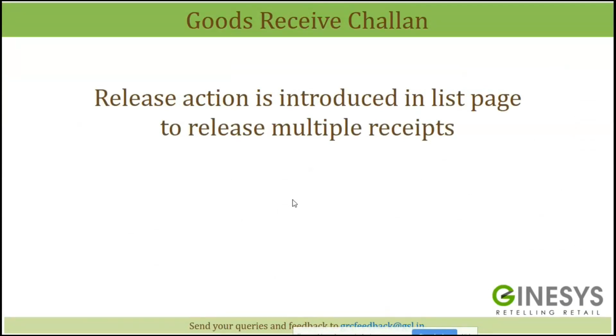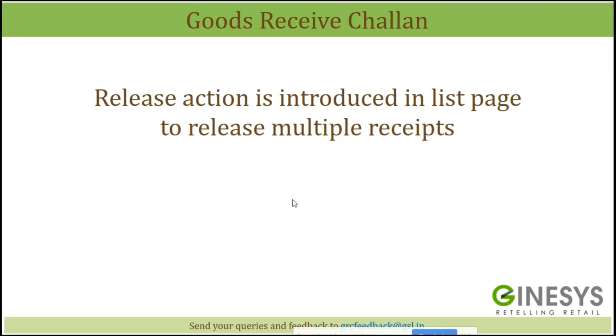Another USP is that a release action is introduced in the list page to release multiple receipts. This is required in case of local procurement, that is, when a goods receipt entry is made for a different warehouse where the purchase has been made locally, that needs to be authorized from the head office or the respective authorized person.